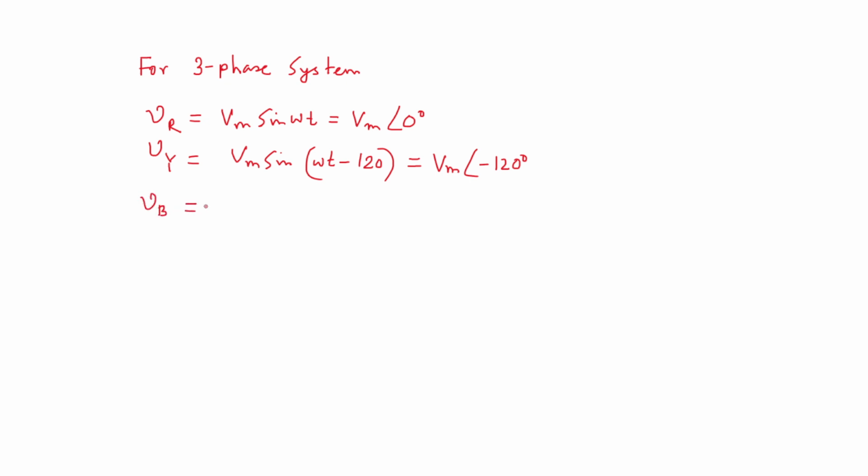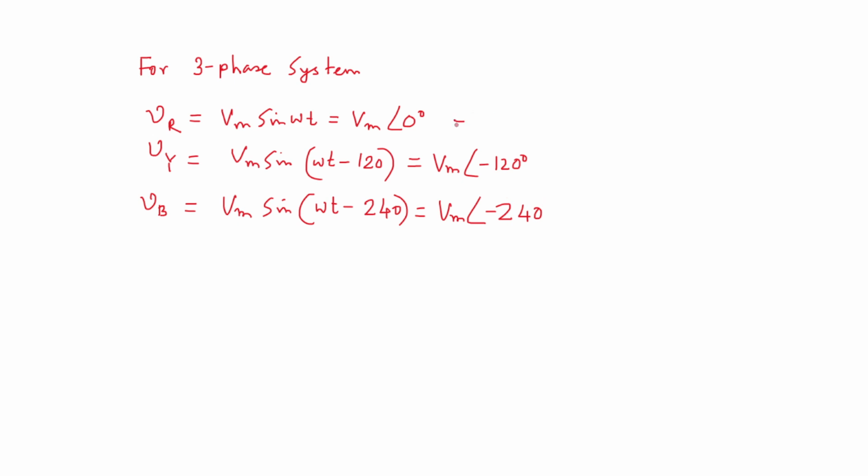Vb is equal to Vm sin(omega t minus 240 degree). So they are the phasor representation.